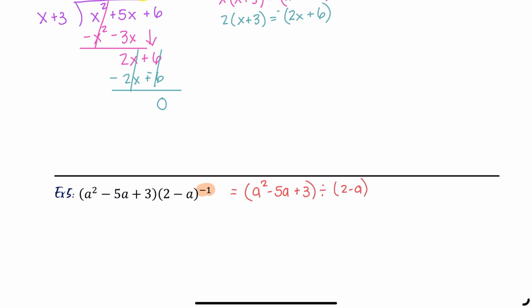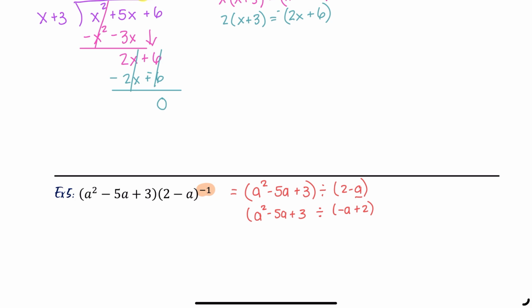minus a. Now, a second complication in this problem is that we don't typically see the variable first or second in my divisor. So I'm actually going to rewrite this one more time, but this time I'm going to flip this and make this a negative a plus 2.